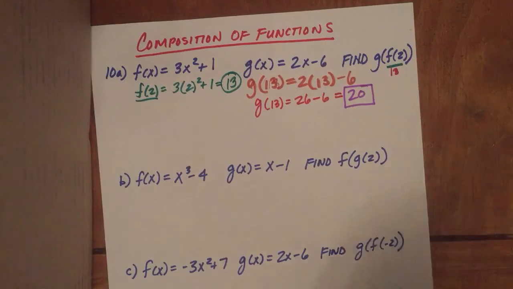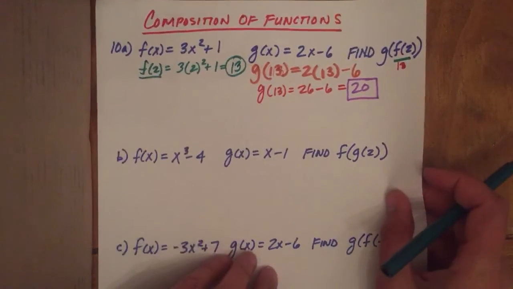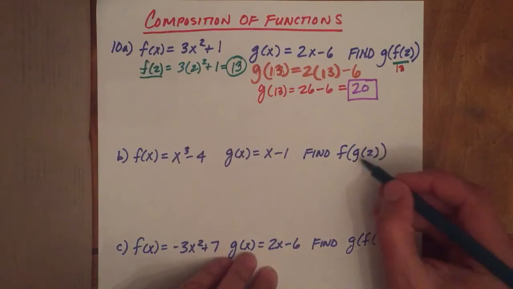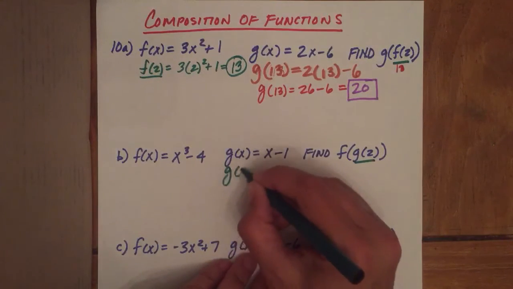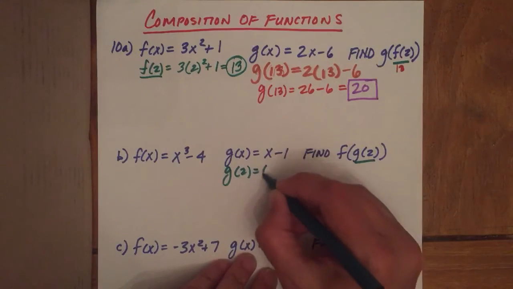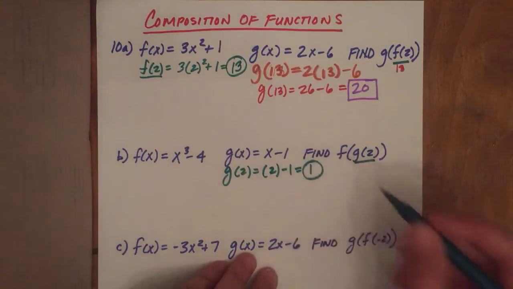So let's look at a second example. On this one, I'm looking for f of g of 2. So we go inside out, so we're going to do g of 2. So g of 2 equals 2 minus 1, which is 1. That was easy.